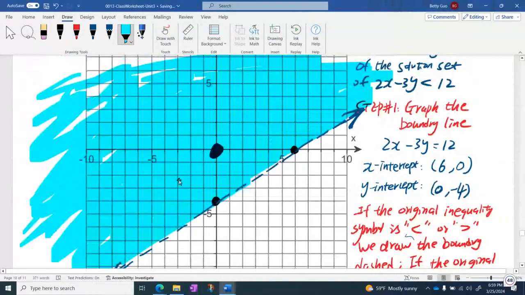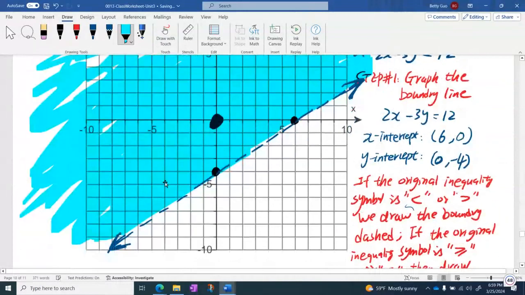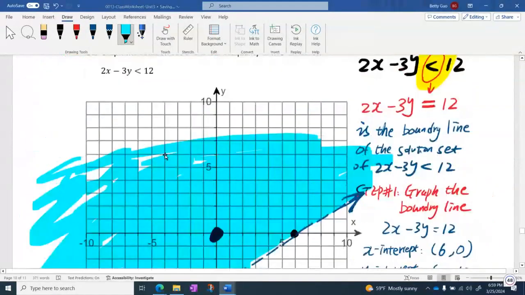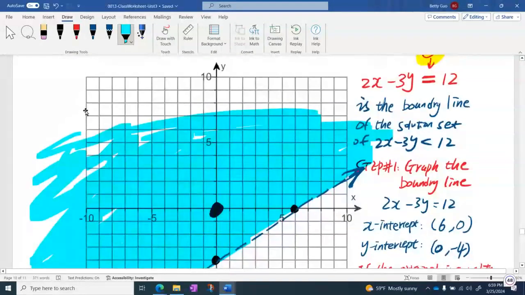The shaded region is the whole region in the rectangular coordinate system above the boundary line. It's not a triangle. It seems like a triangle because our computer screen is only this big. The rectangular coordinate system has no boundary.